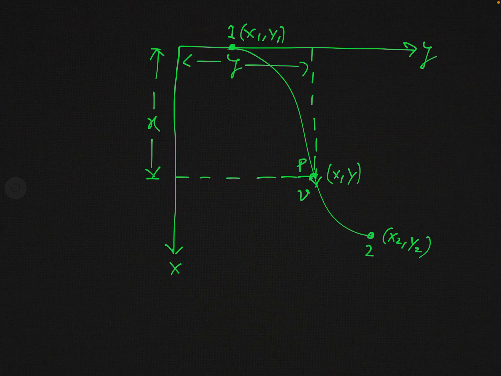Now, if this particle traverses a very small distance along this curve, which is ds, in a very short interval of time dt, then you can consider this velocity v as constant for that short interval of time. So you can see what will be the time taken by the particle in traversing that distance ds.